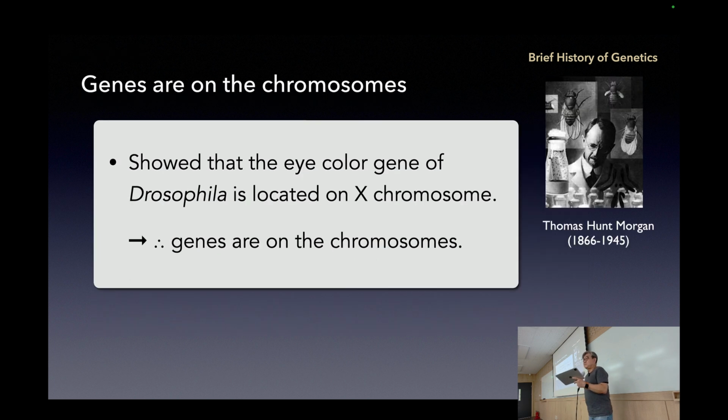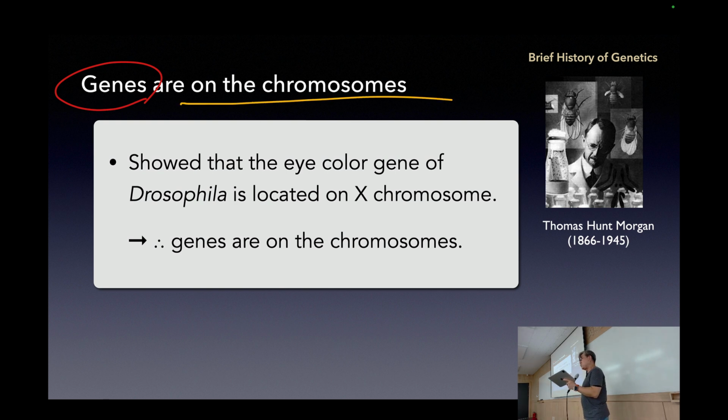So about 100 years after Mendel's first report about the nature of the genes, in the early 20th century, which is not too long ago, people only then realized that the genes Mendel talked about were actually on some weird structure like the chromosome.